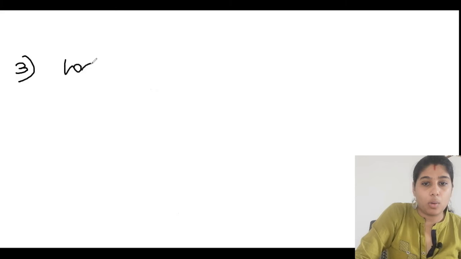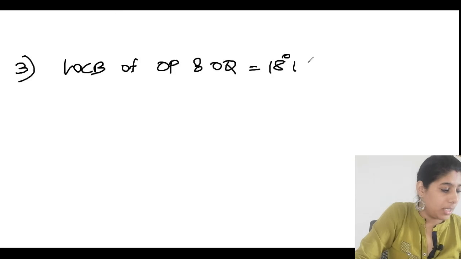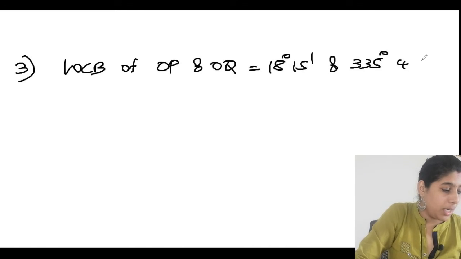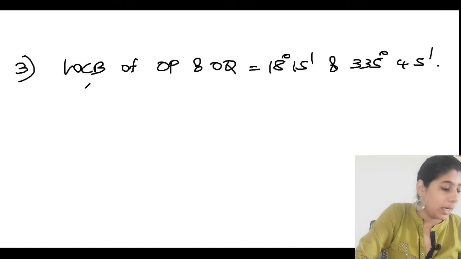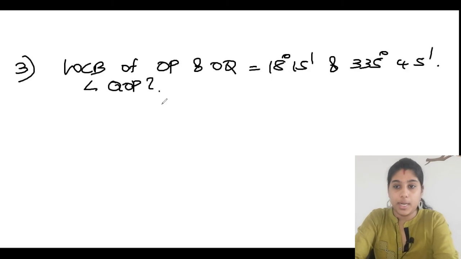The whole circle bearings of OP and OQ are given as 18 degrees 15 minutes and 335 degrees 45 minutes. What is the value of the included angle QOP? We have already studied the included angle in the last part.